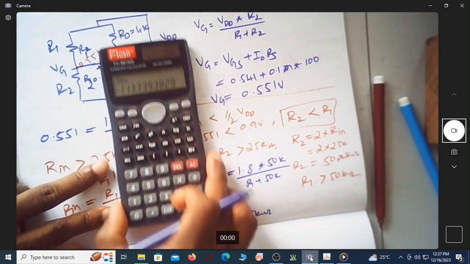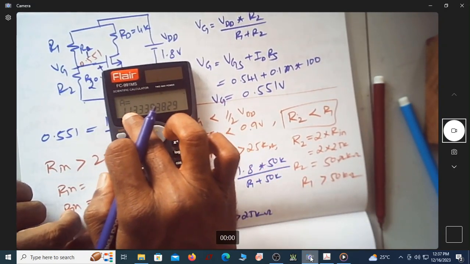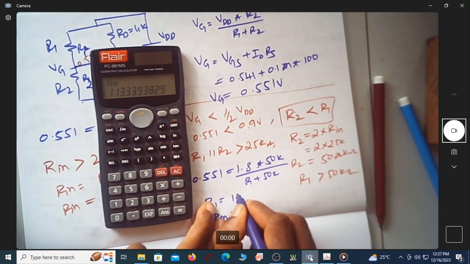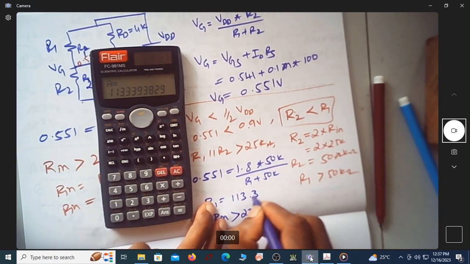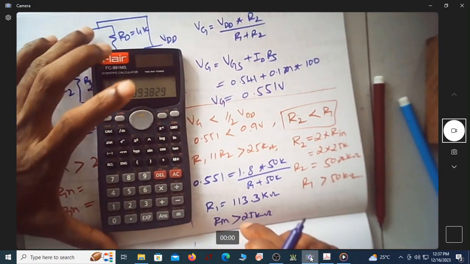Now I didn't put 50k, so whatever resistance you're getting is 113.3 kilo ohm. So this is the resistance of R1.